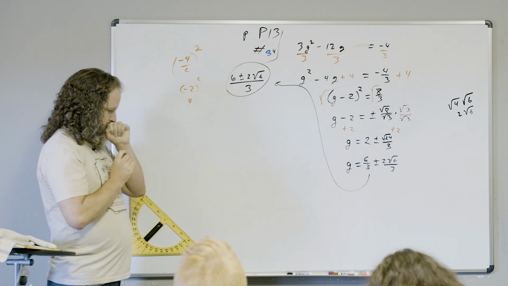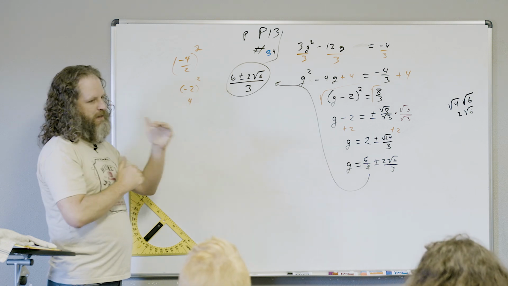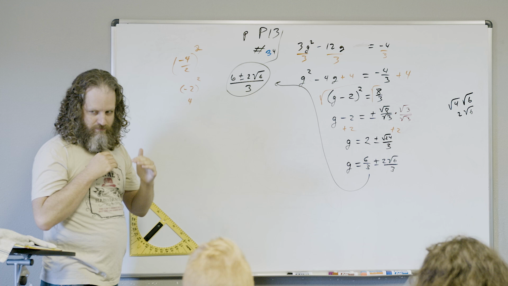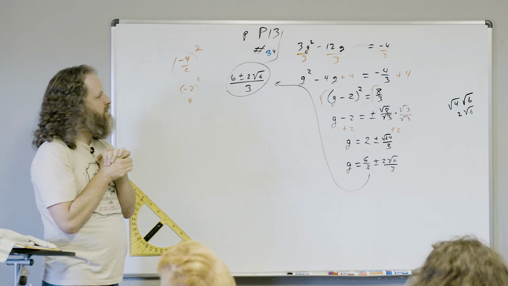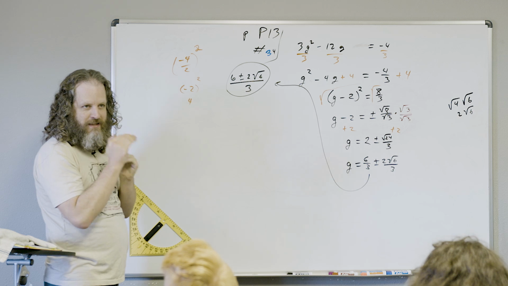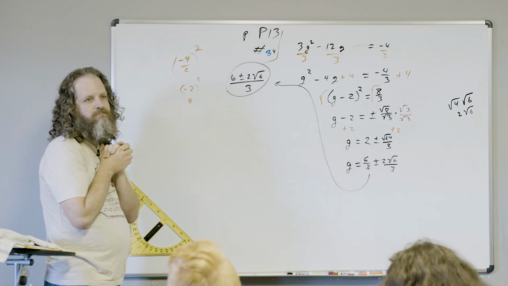So if you get a decimal or a mixed number, convert it to an improper fraction. That's the best plan because it's the most useful, easiest to use in other places.